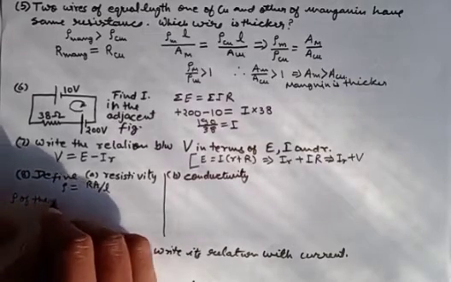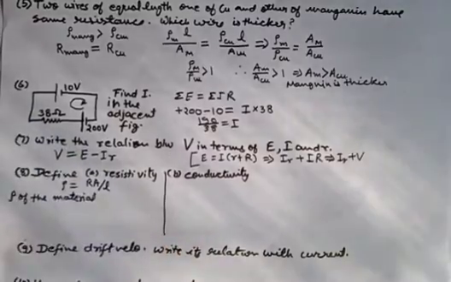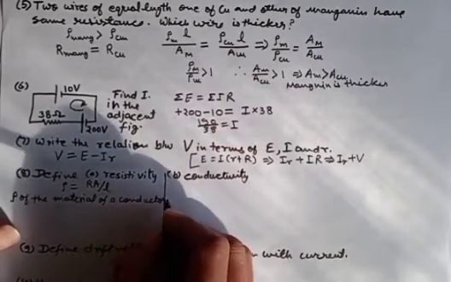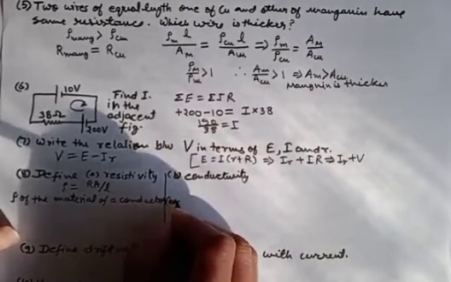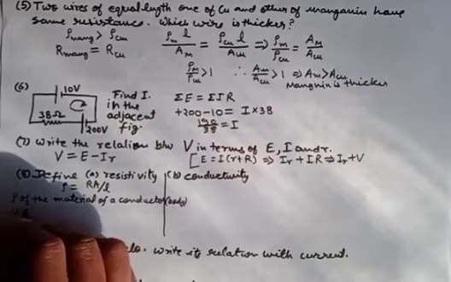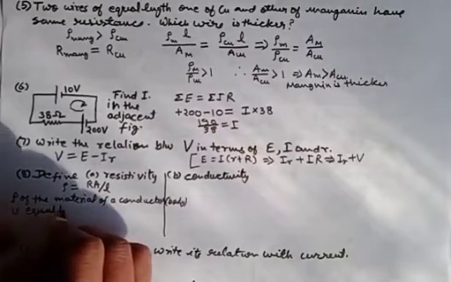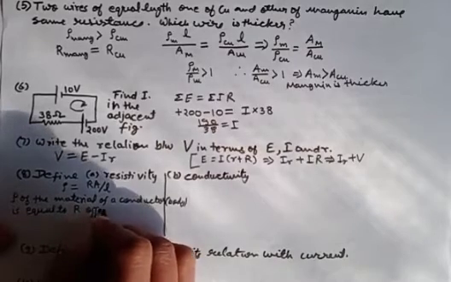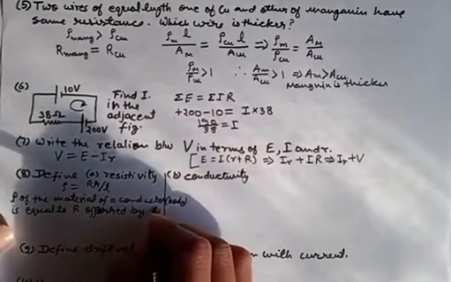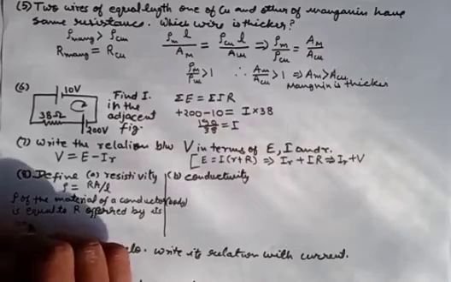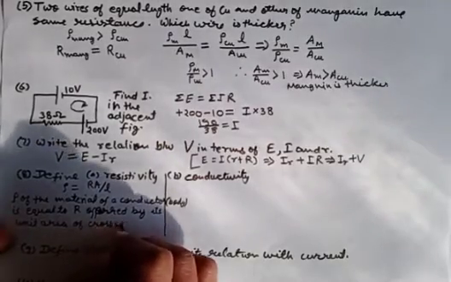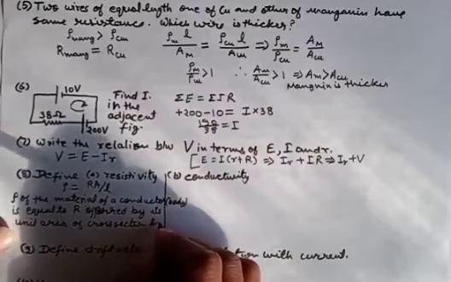Resistivity of the material of a conductor, of a body is a much better word, is equal to the resistance offered by its unit area of cross section and unit length.